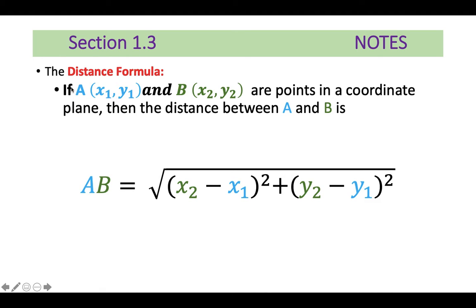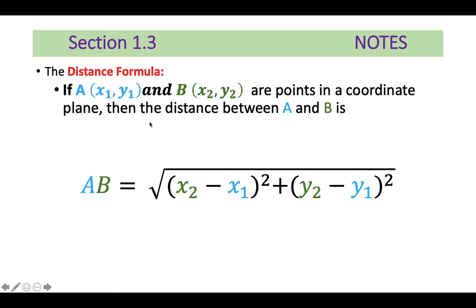Okay, so the distance formula. This is section 1.3. Make sure you can review it in your book as well. So if we've got A, which is at the first x point and the first y point, and a point B, which is at a second x coordinate and a second y coordinate.